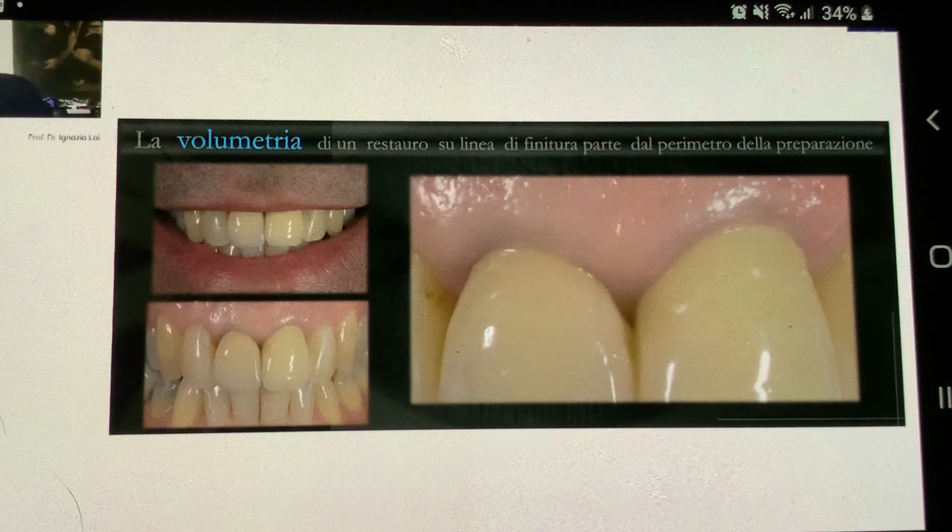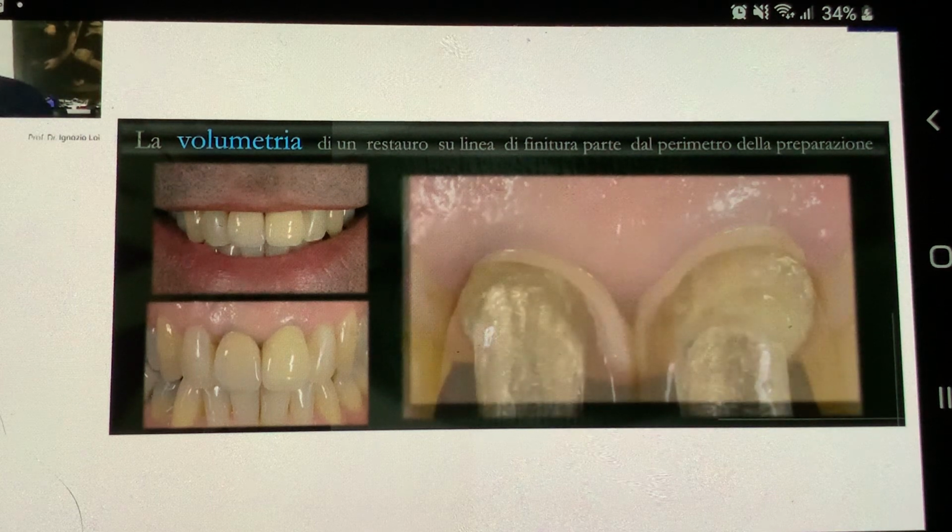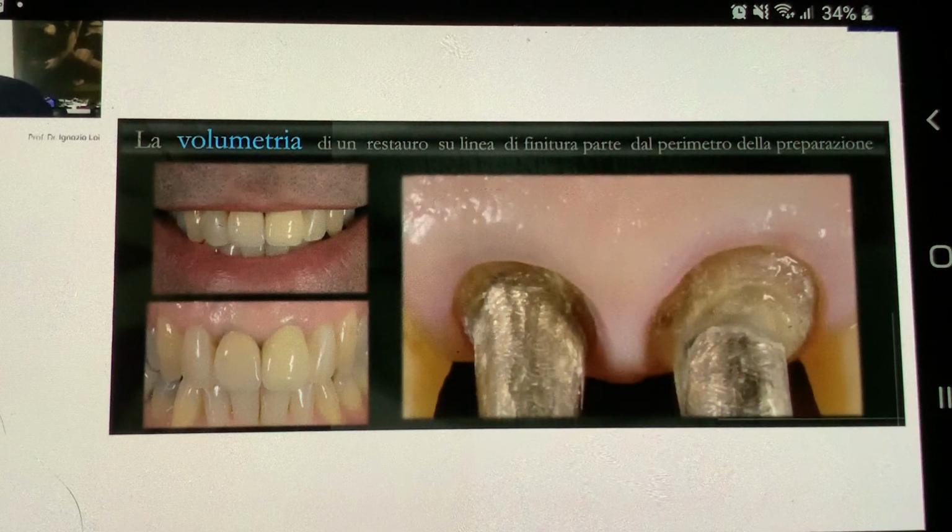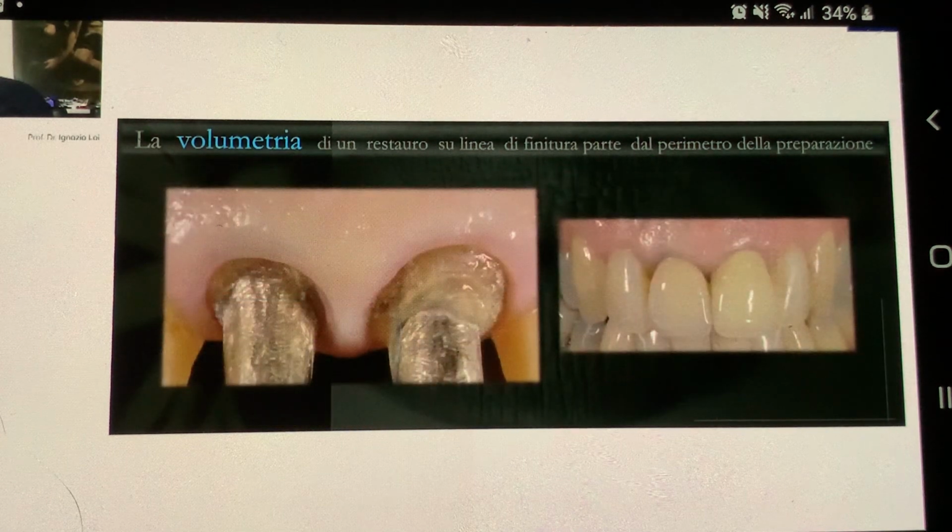And as we will see, this volume, which is then expressed by the tissues, starts from a different volume that is perimetral to the preparations, and also a different trend. So it was the restorations that created a new dominance, which then altered the symmetry and volume of these teeth.